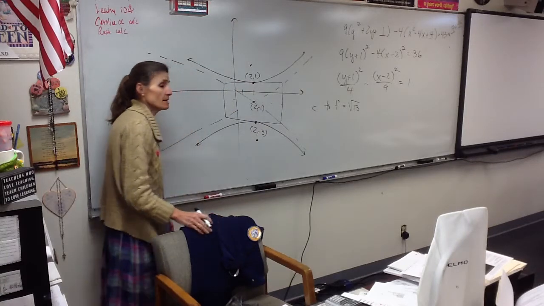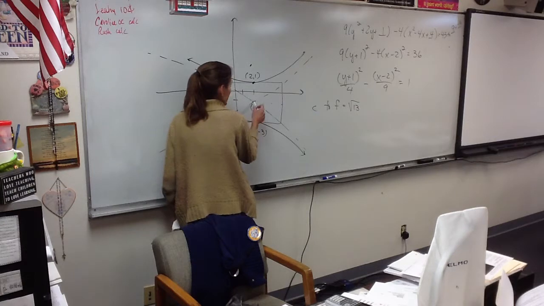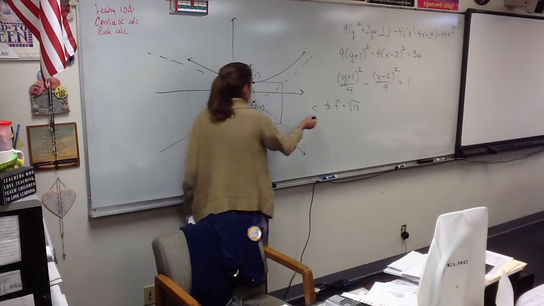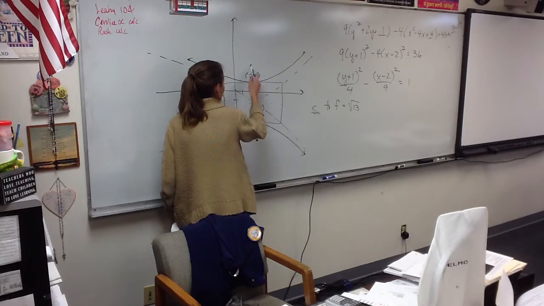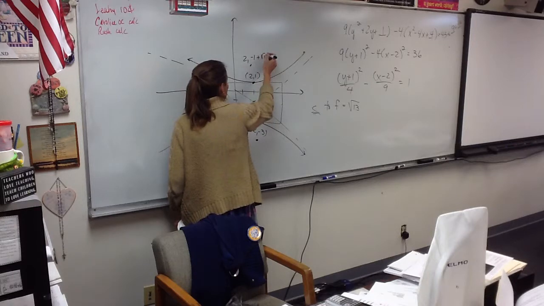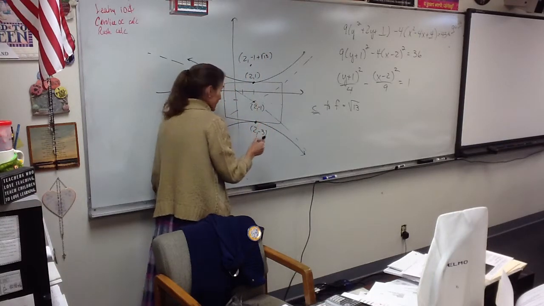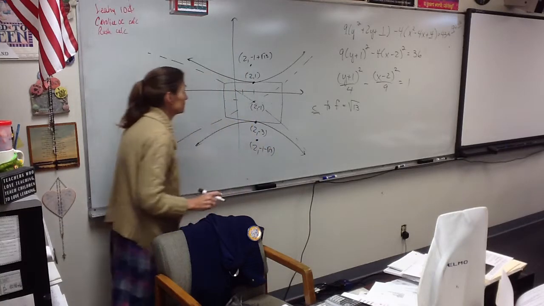We added the denominators and took the square root. So now we'll start right here at the center. This is center to focus. So we'll start at the center, and we'll go up root 13. So this will be 2 comma -1 plus root 13. And 2 comma -1 minus root 13.